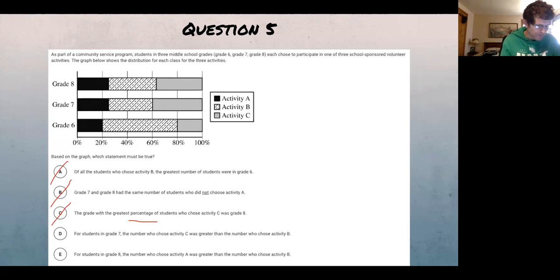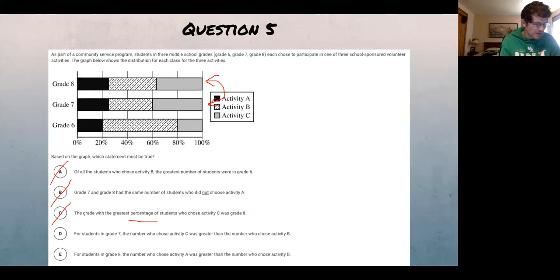Here's where actually the numbers we can work with, because we're not talking about comparing between two different segmented bar graphs. We're talking about within one. The number who chose activity C was greater than the number who chose B for grade 7.